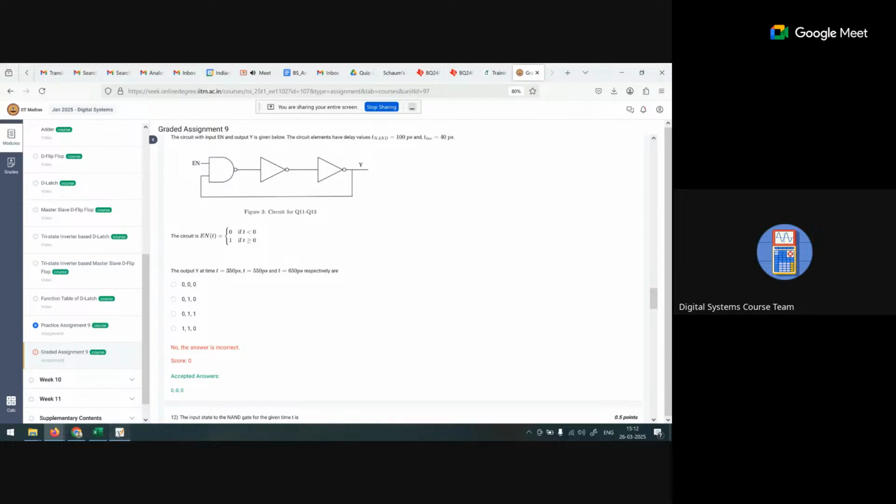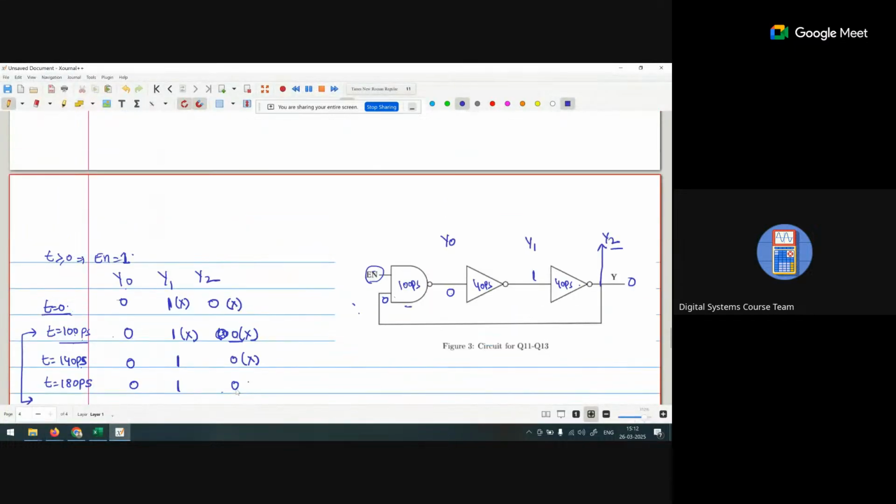Now if we say that y2 is 1, so let's assume that this is 1. Why am I taking this particular case? If it is a 1, here we are getting a 0. If it is a 0, we are getting a 1 here. Now enable is already 1, and 1 we are getting here, so it is a 0. Now this point and this point are shorted.